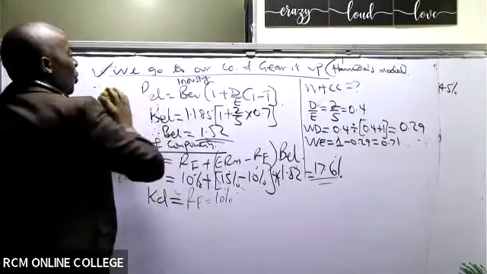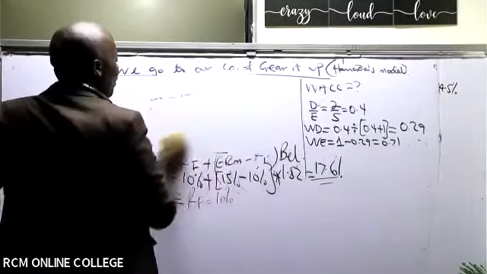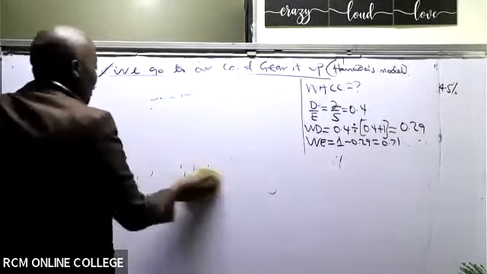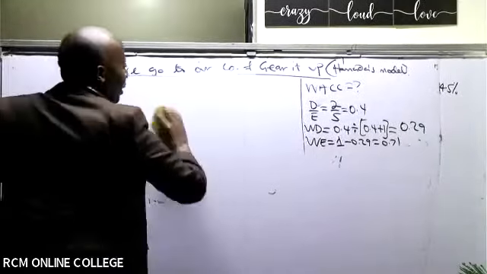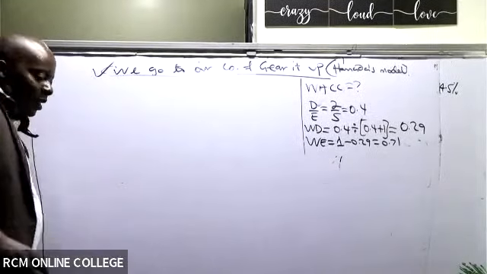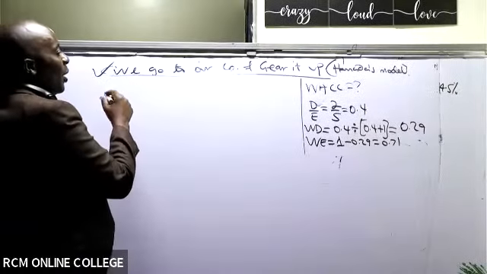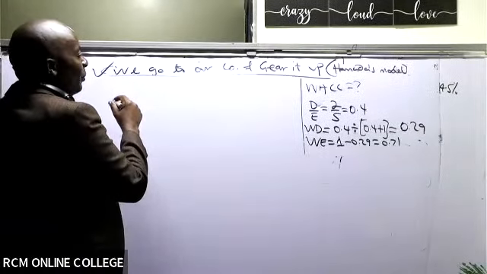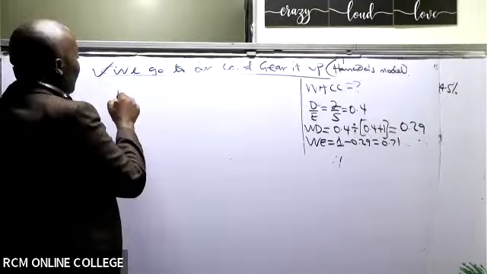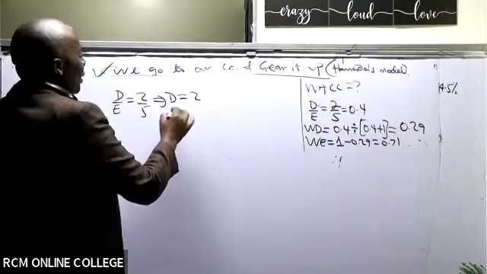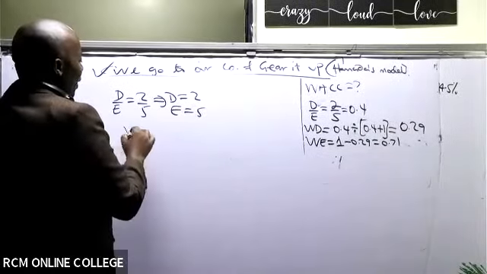The other way that I've always seen students using, when you have debt over equity, please don't confuse this. We have our debt over equity as 2/5. So I know that debt is 2, then equity is 5.